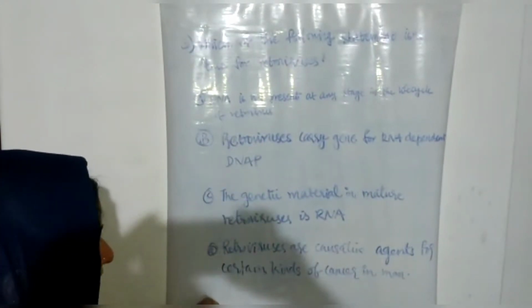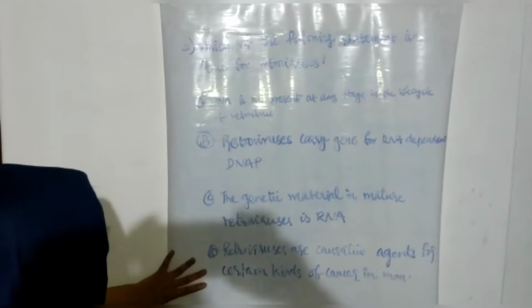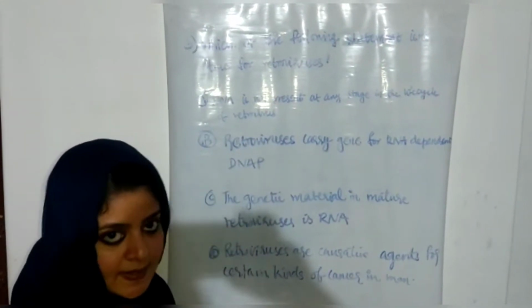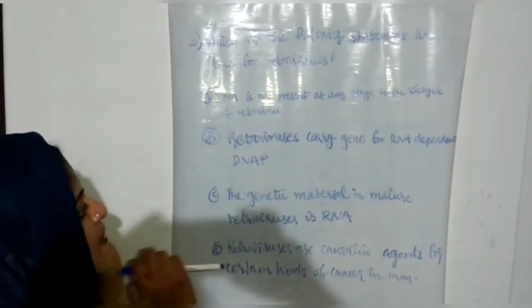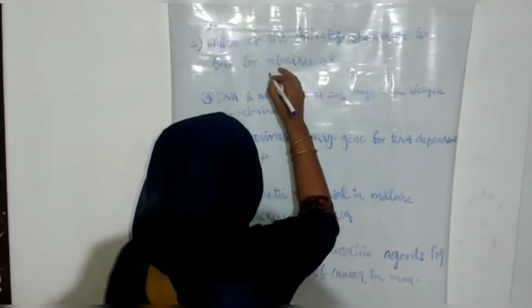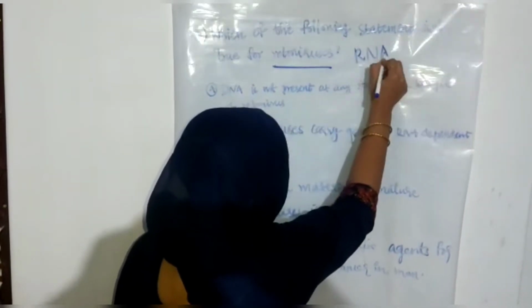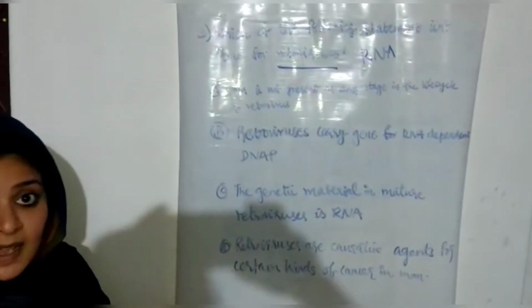So what we need to find is, out of these four options, which is not true, that is, which is a false statement. What is a retrovirus? Retroviruses are viruses whose genetic material is RNA.